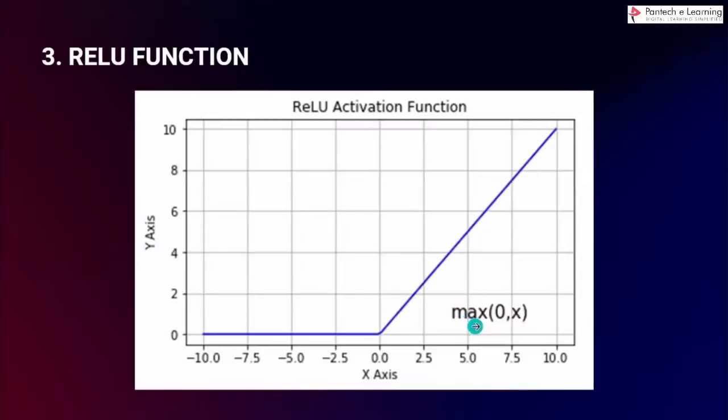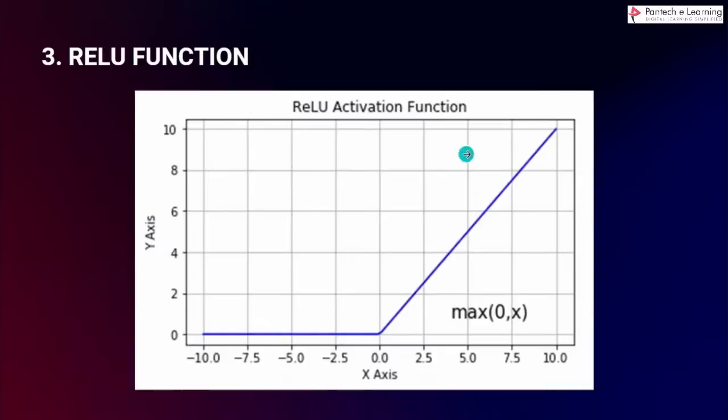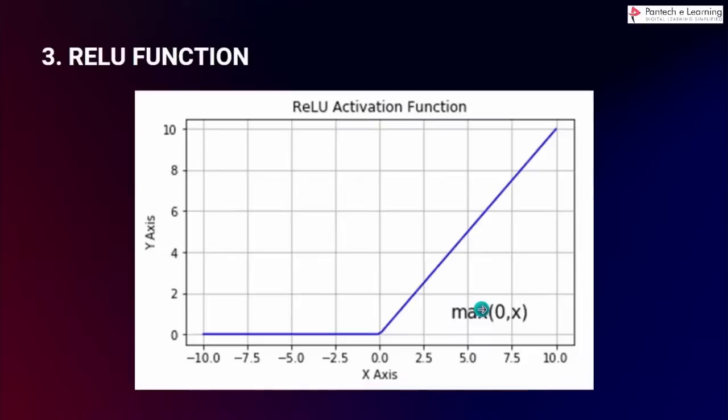But when you have a negative value, who is the max? 0 is the maximum, right? So the max value 0 is taken. The negative values are neglected in ReLU and only positive values are taken into account. It will just remove the negative and give whichever is greater than 0, the maximum of 0 comma x, as the output.